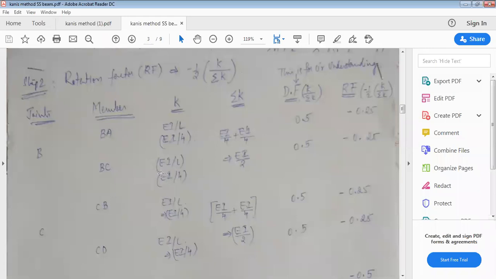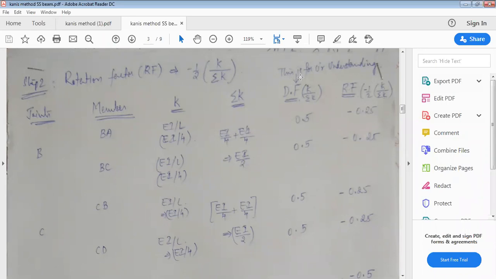Similarly BC. After C, you have D, so you will consider C also as fixed, EI by L, EI by 4. So EI by 4 plus EI by 4, you will get EI by 2. Previously, the distribution factor you calculated as k by summation of k. Here the k value is EI by 4 divided by EI by 2, so you will get 0.5.